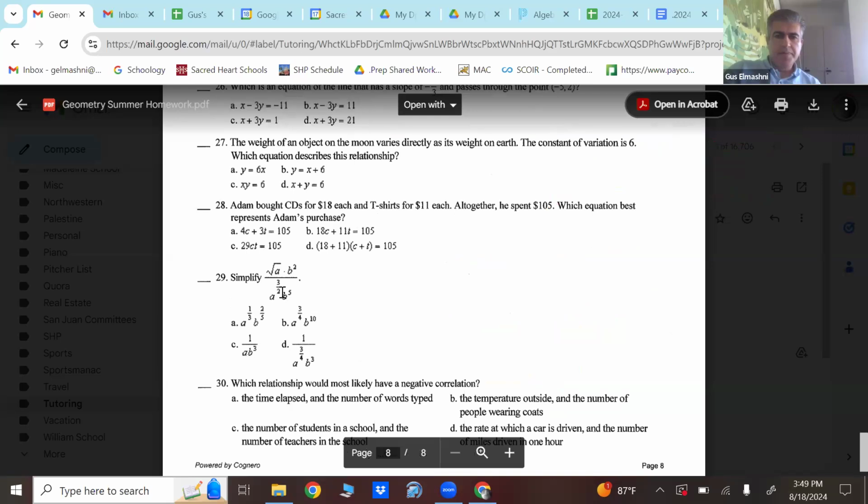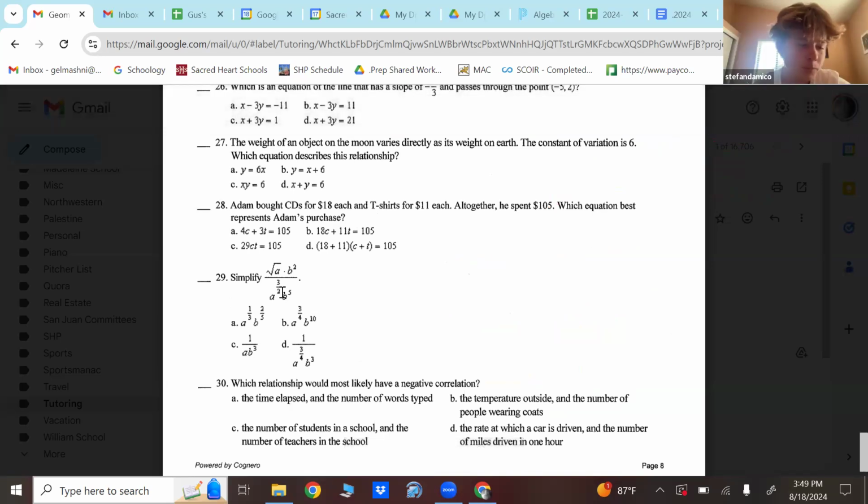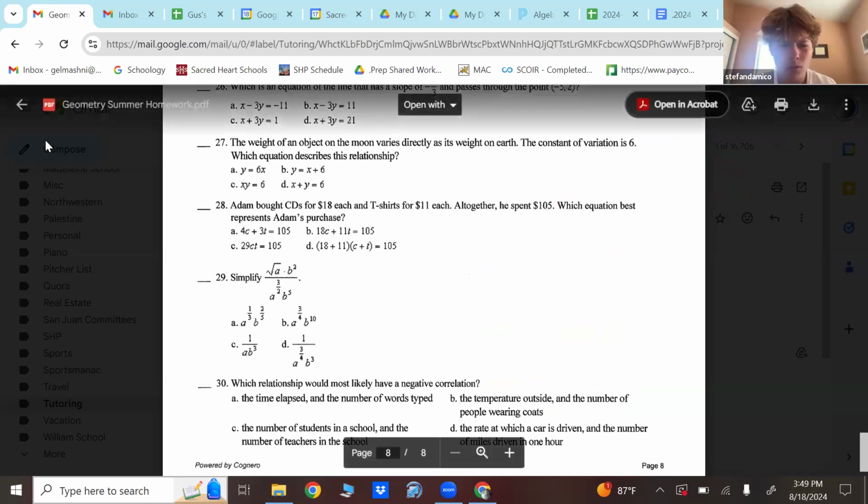All right, 27. Which object on the moon... the weight of an object on the moon varies directly as its weight. What that means is that there's a direct ratio or proportion between the two variables.